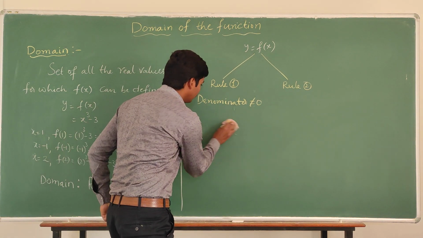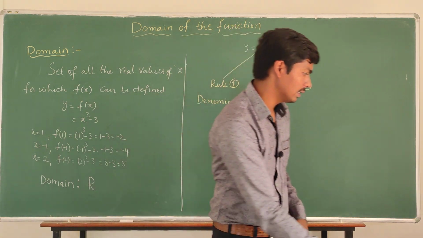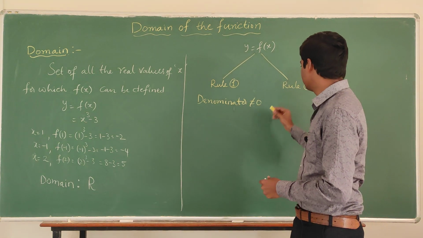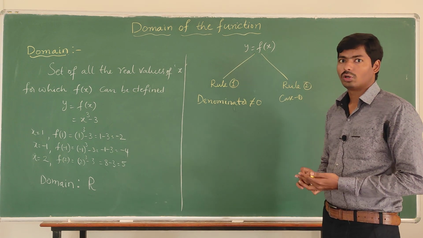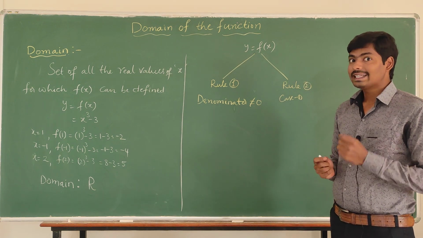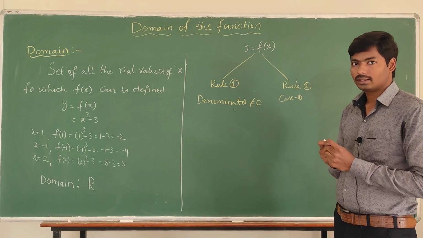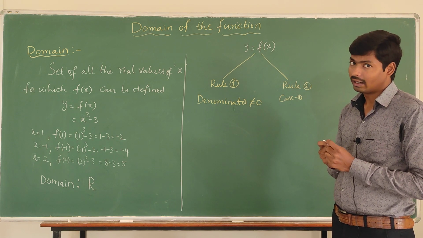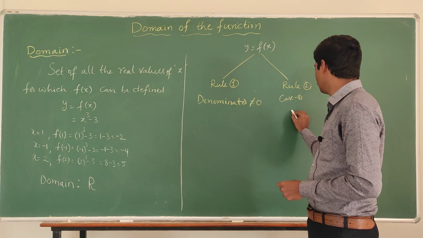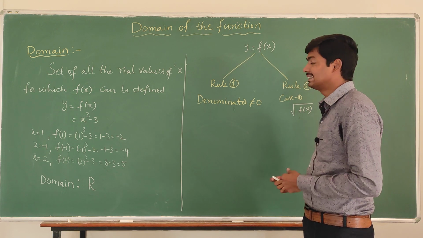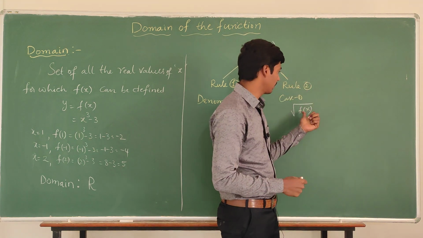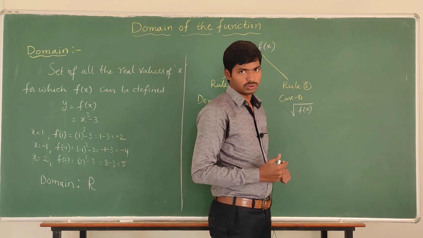And the rule number 2, in the rule number 2 we have two cases. First case 1. So if the function is a root function in numerator, suppose root f of x, where f of x is an expression under the root.